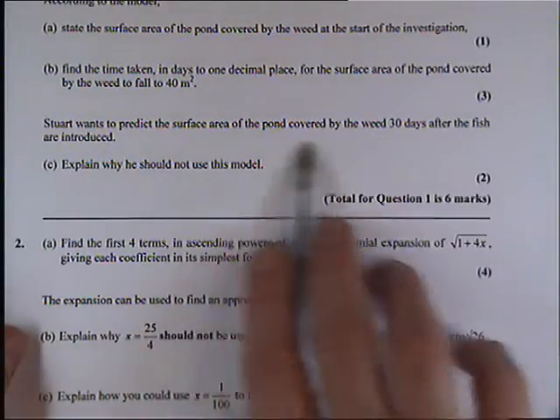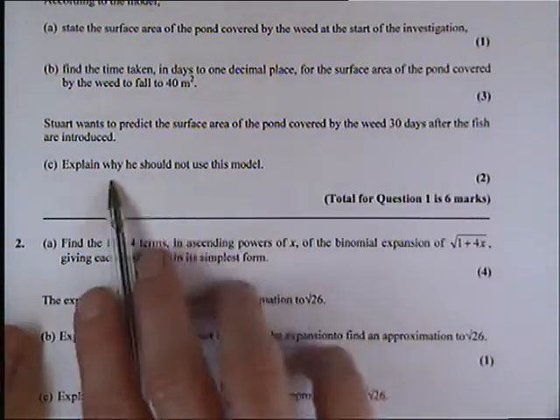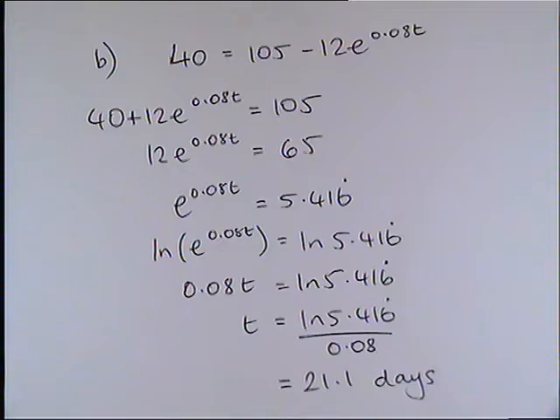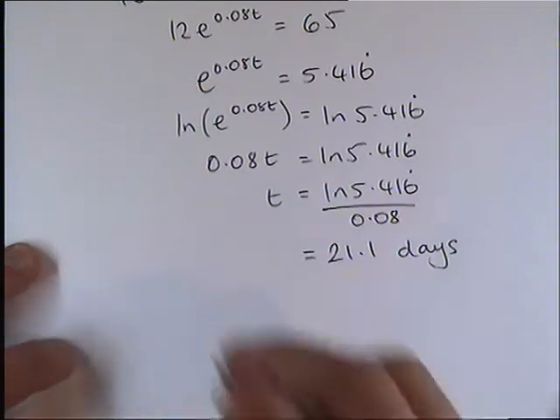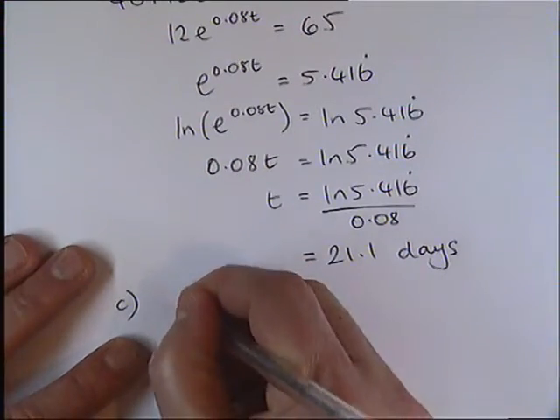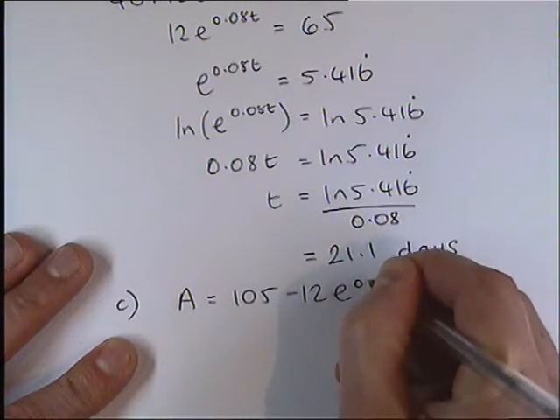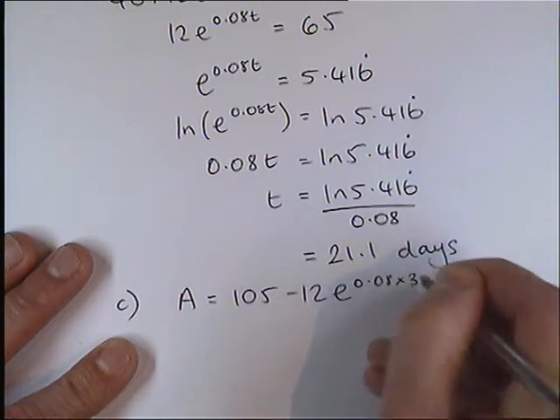The final part of the question said Stuart wants to predict the surface area after 30 days. Why shouldn't he use this model? Well, let's have a look at what the formula or the model says for 30 days. 105 minus 12 e to 0.08 times 30.